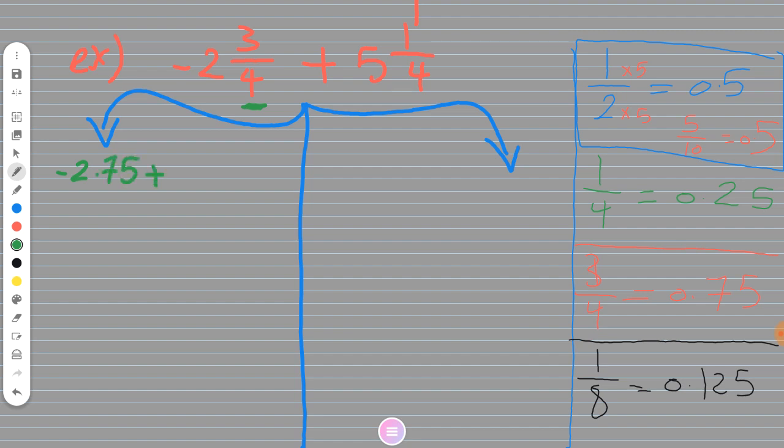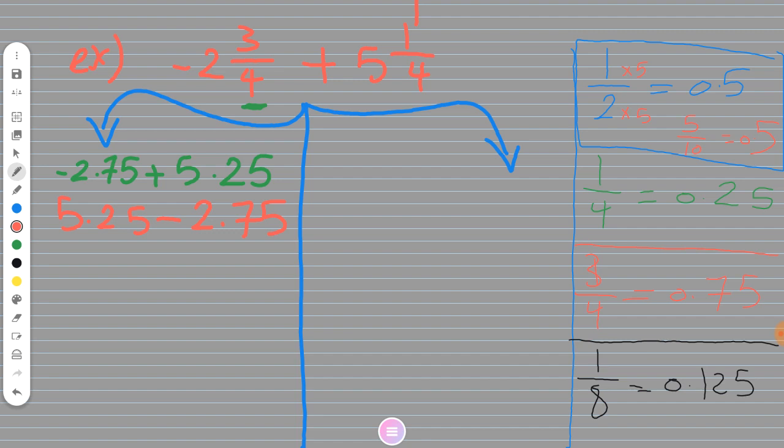Plus 5, and then instead of 1 over 4, we will put what? 0.25. So it's 5.25. Okay? Let's make the addition. Before we add, we have to use the commutative property. So I'll start with 5.25 and minus 2.75.